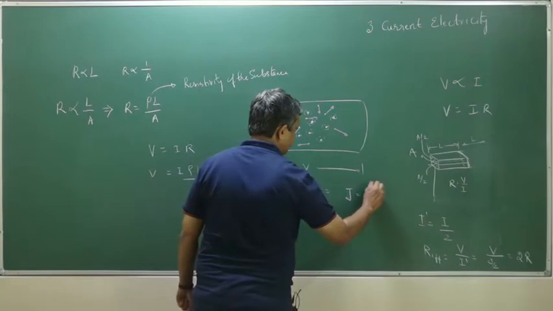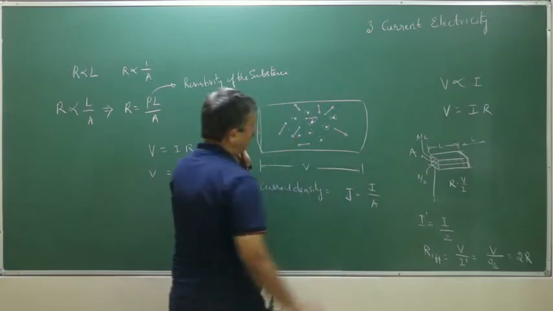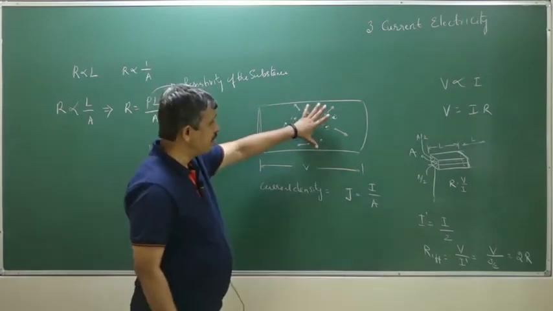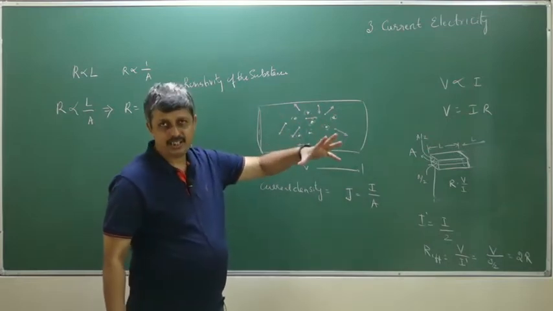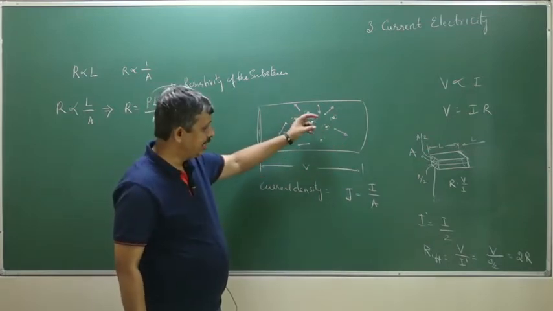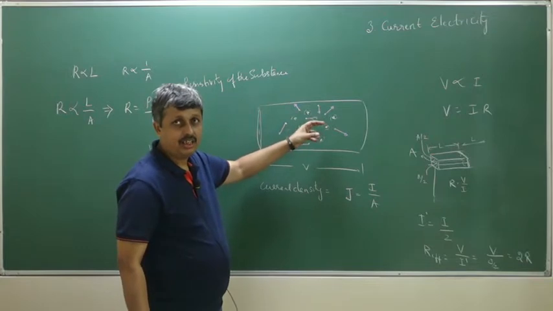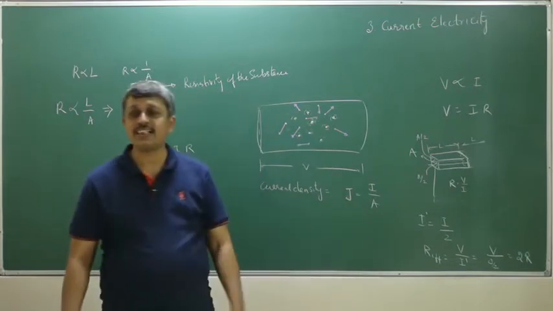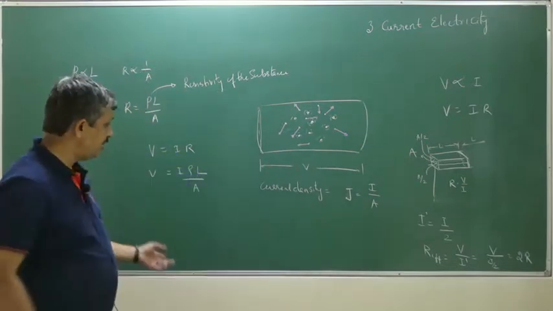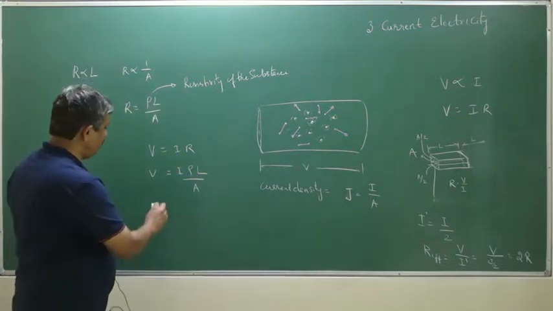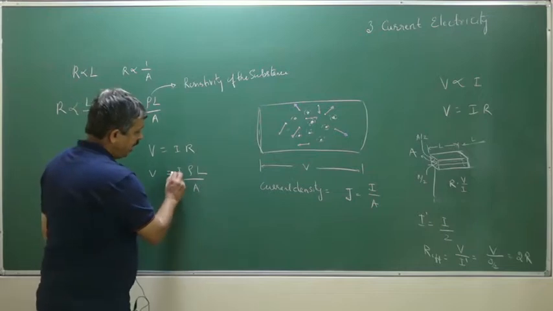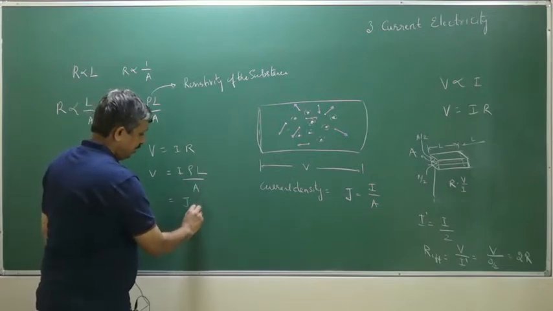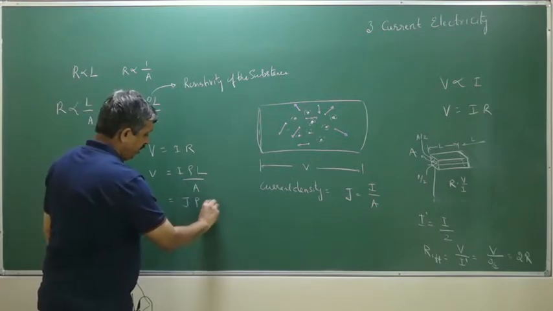Current density is nothing but I by A, because current is flowing like this. If you take a big conductor, there may be more current, so we talk about a unit cross section area. For a unit cross section area, whatever the amount of current is there, that is called current density. So we can write I by A, which is current density J, into rho into L.